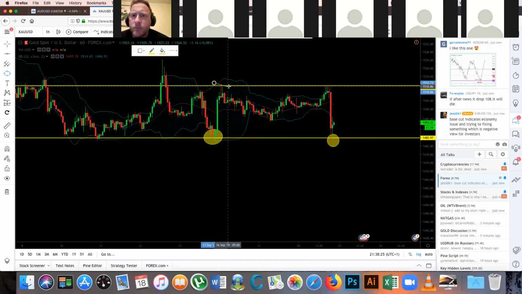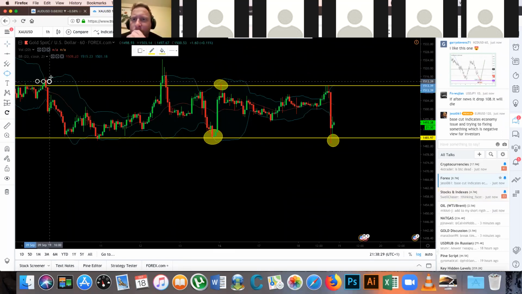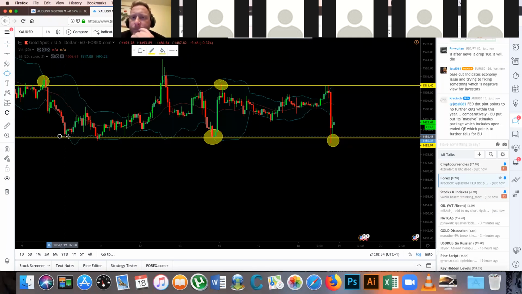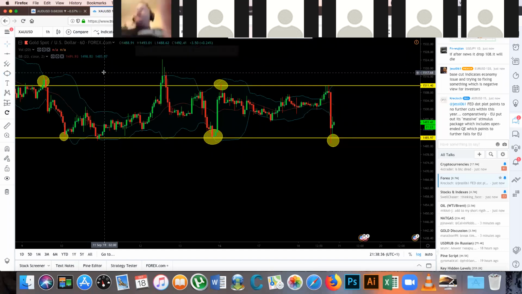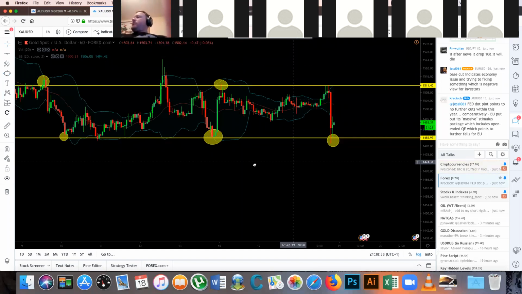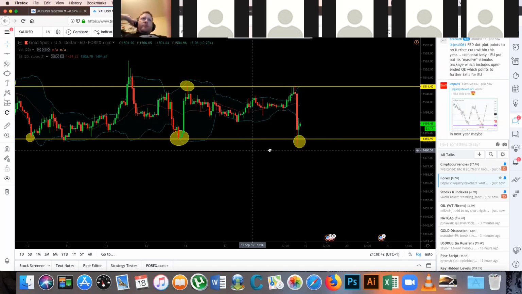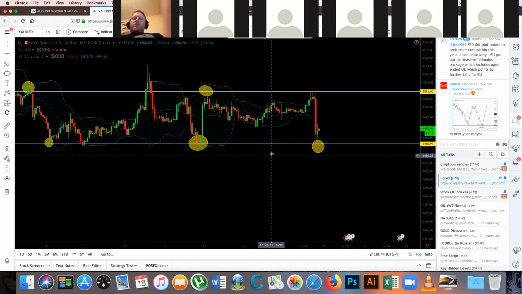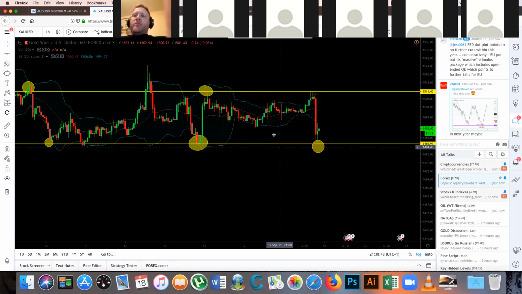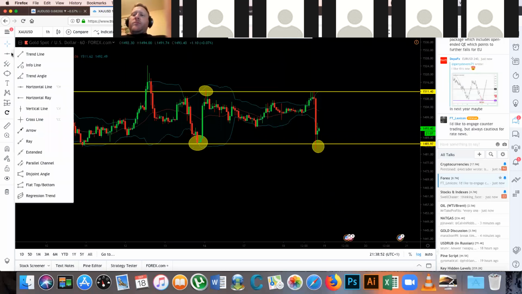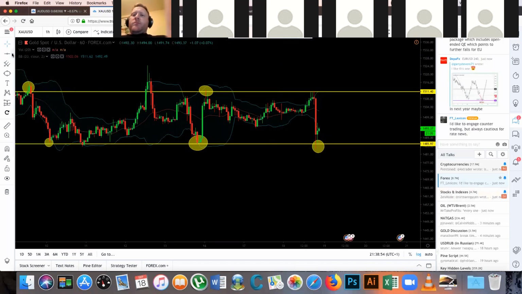All of the circles I'm putting in yellow are technically where, if you get it at the right time, would be your area of entry. What I'm trying to get you to understand is that once you understand support and resistance, all the other things will start falling into place. So that being said, this is where we start looking at trends.